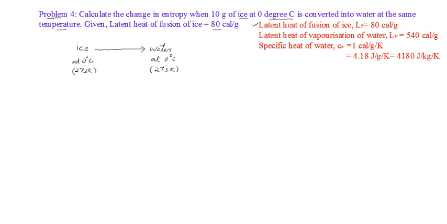So we are supposed to find out the entropy change here. Now I hope you remember from our discussion the strategy of solving such problems. In phase change problems you have to use the same equation.